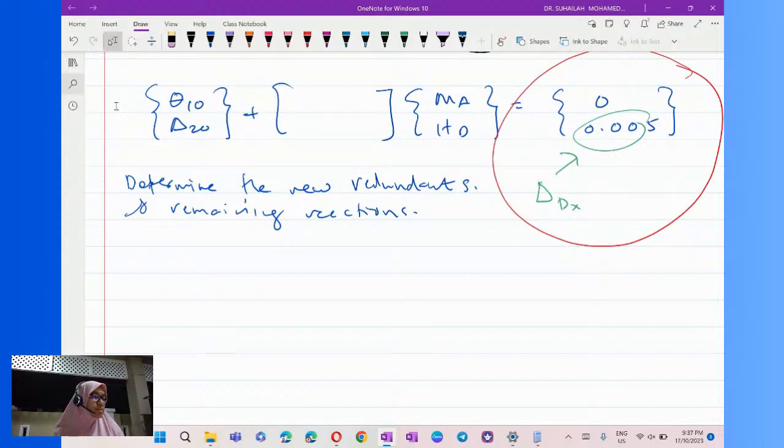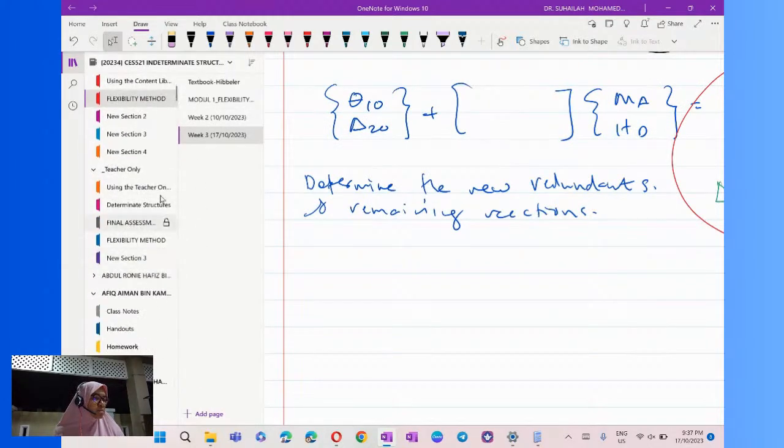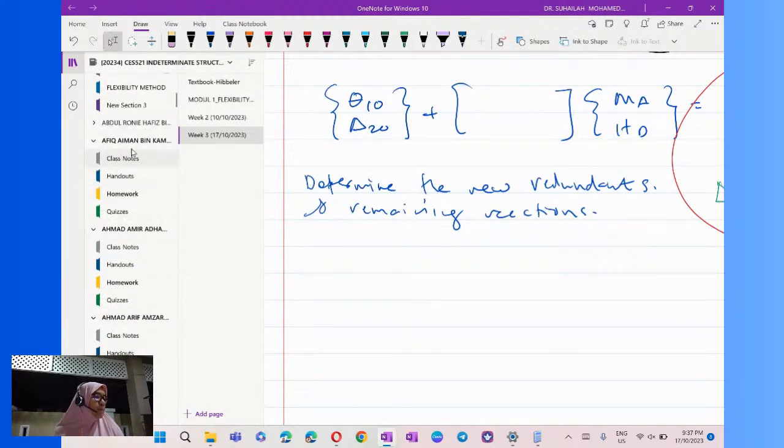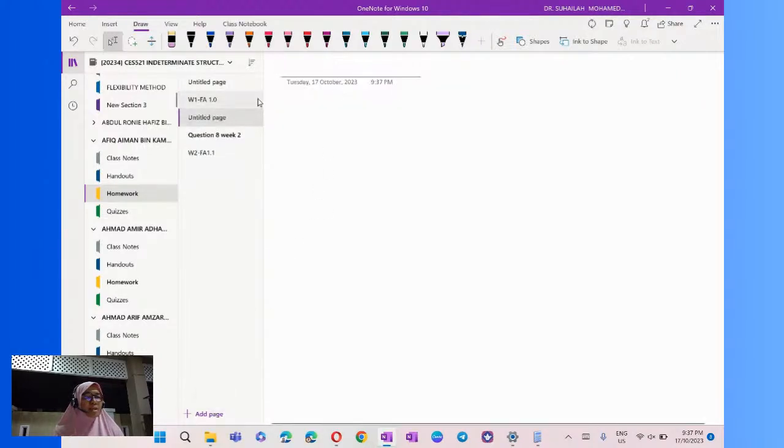You just need to go to your page, under homework, and just add new page and then upload print out. Insert print out.